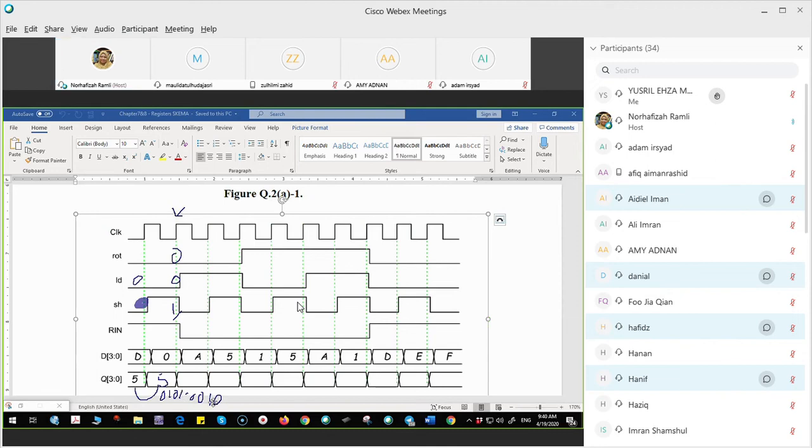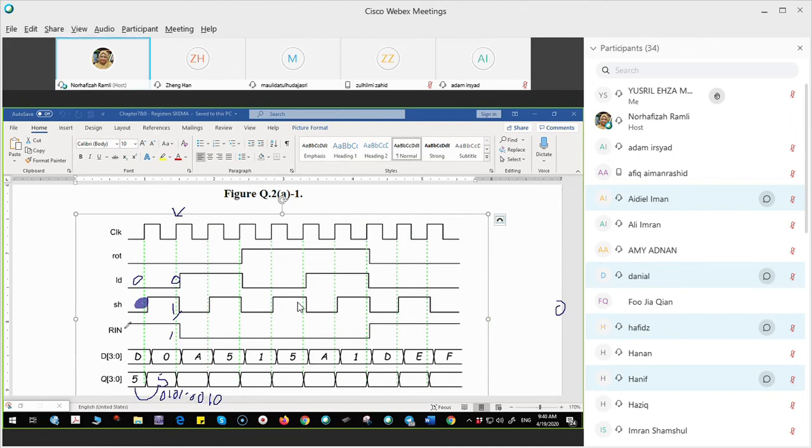If shift right, don't you get 0, 0, 1, 0? But I use 1, so 1 would come. Where? This is not the ROT. What is this ROT? I see. Okay, correct. So that's why.